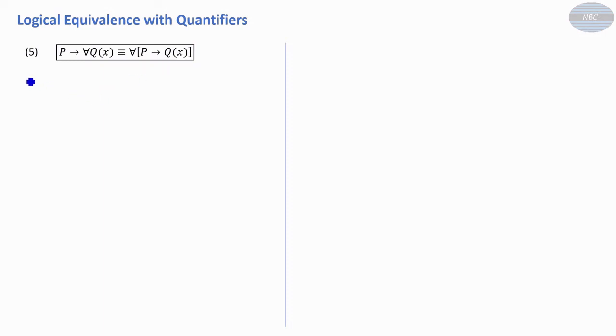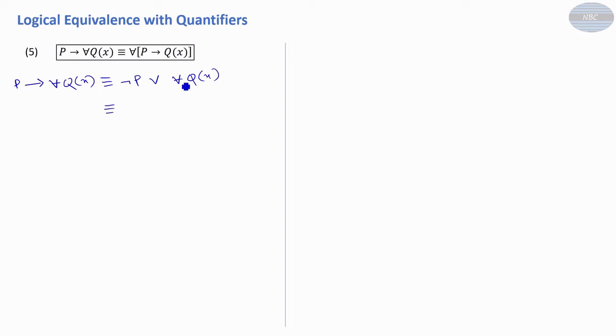Now let us prove this one. We have the left hand side, P conditional for all x, Q(x). We can use the same formula here: not P, or for all x, Q(x).